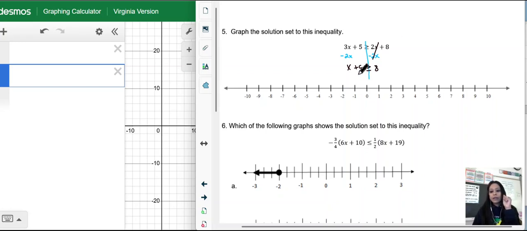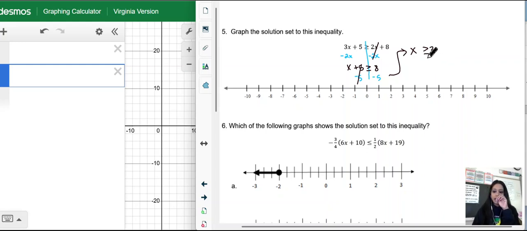All right, so I'm going to then subtract 5 on both sides. Don't know why I just crossed that out, but let me move this up here. So x, this gets crossed out, so I only have x here. x is greater than or equal to 8 minus 5 is 3.